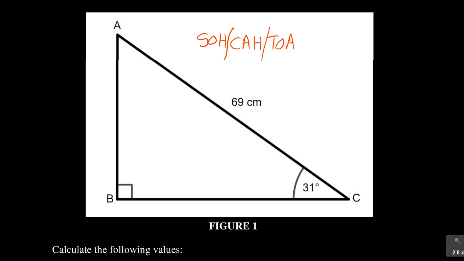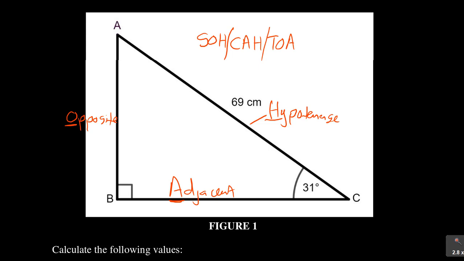AC is called my hypotenuse, which represents my H, and then my BC is called my adjacent, which represents my A, and the other one, AB, is called my opposite side, which represents my O.